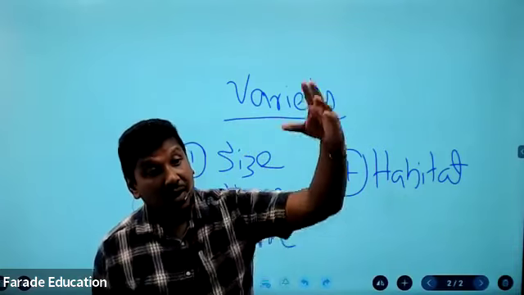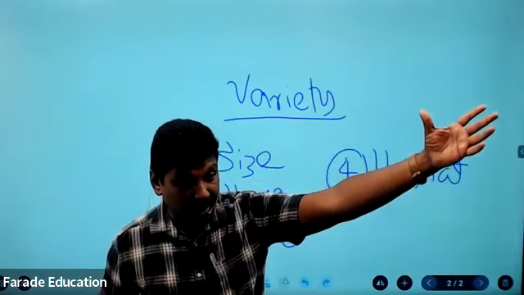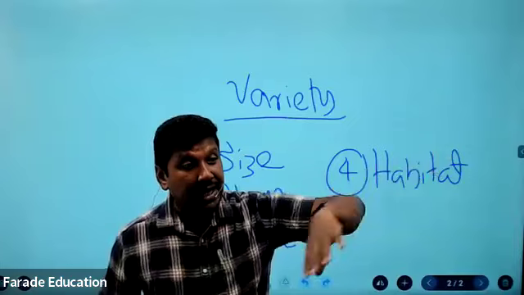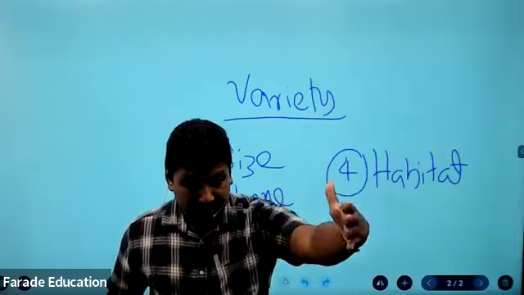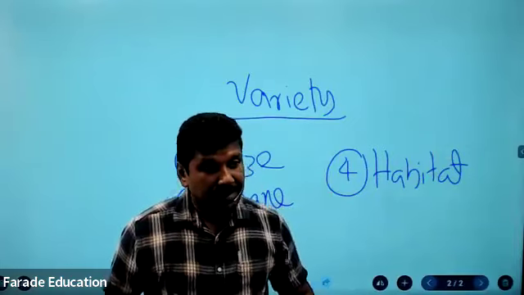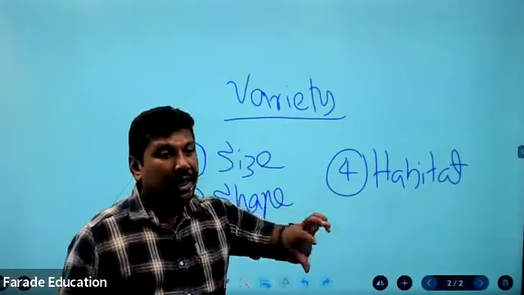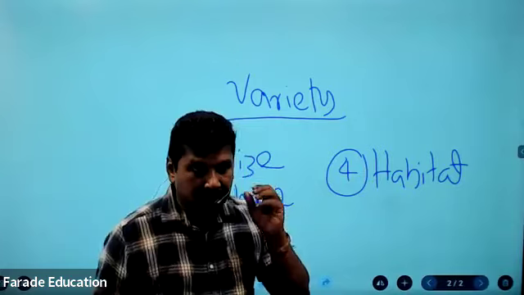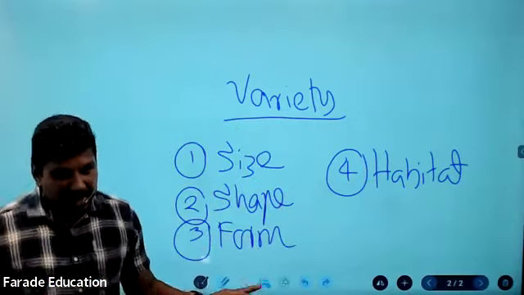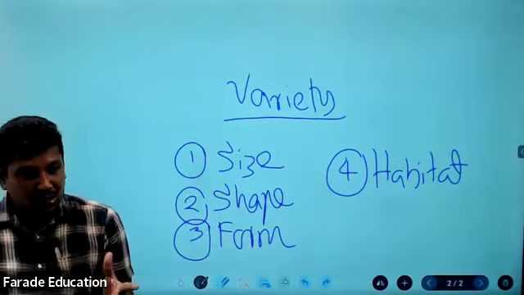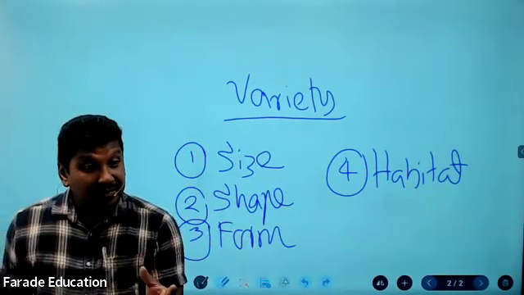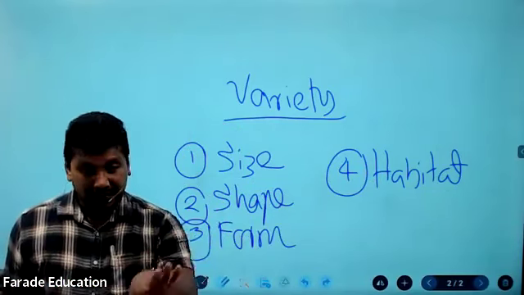Some live on trees, arboreal. And some live in air, like birds. So depending on the habitat also, they differ from each other. So these are the 4 basic parameters that we use to identify the differences between each and everyone.